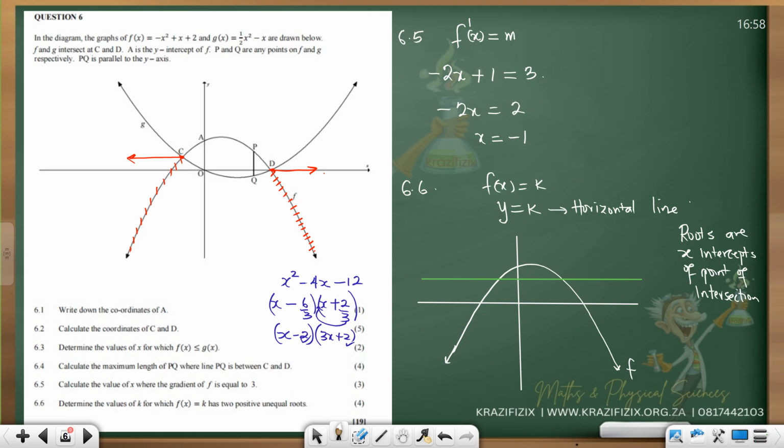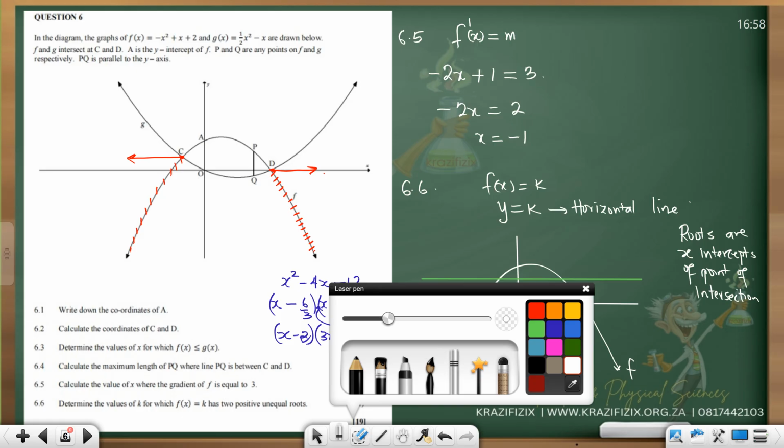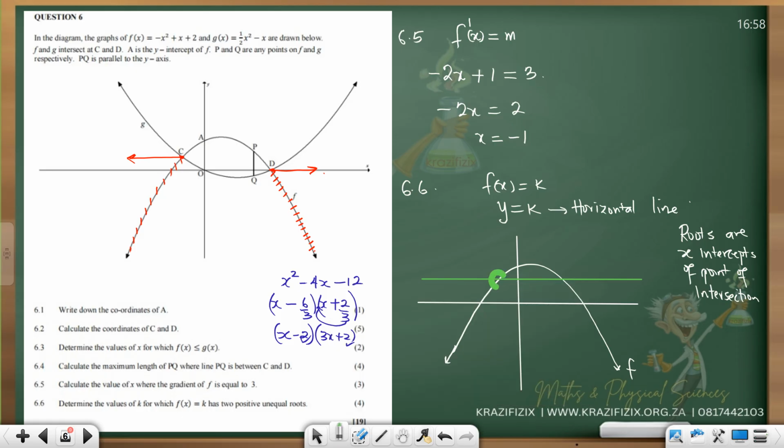Let me slow down a bit. So I have my horizontal line and the graph. Now you would notice there's a point of intersection there, but all of these are what? This is negative and this is positive. We want this point of intersection to be positive. I want to just redraw that graph so we can see it clearly.